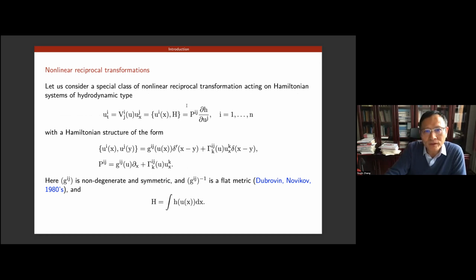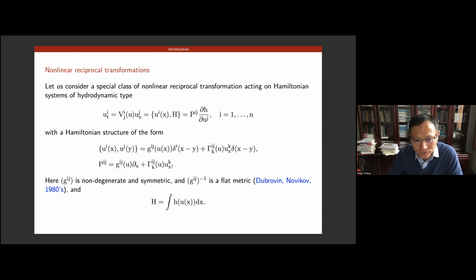For simplicity, let's consider a reciprocal transformation acting on a Hamiltonian system of hydrodynamic type. A quasilinear PDE can be represented as the action of a Hamiltonian operator on the variational derivatives of a functional h. This Hamiltonian operator P is of this kind; we call it a Hamiltonian structure of hydrodynamic type.